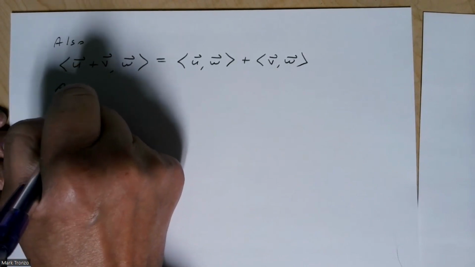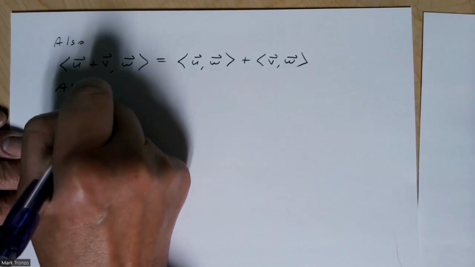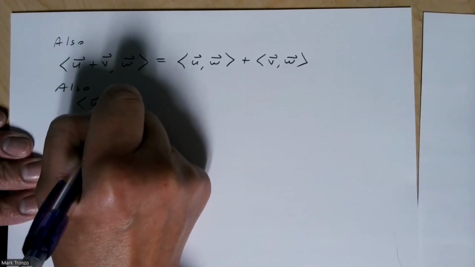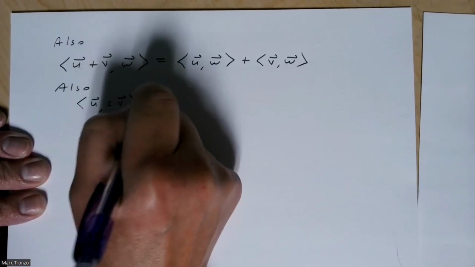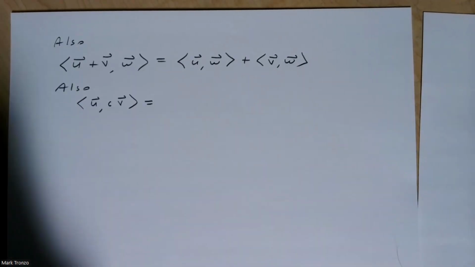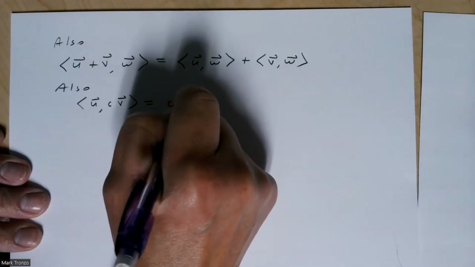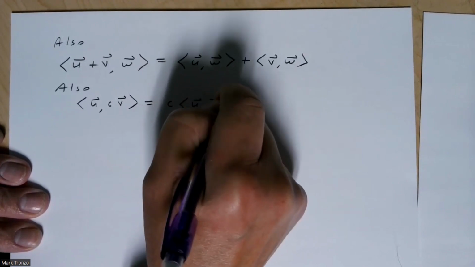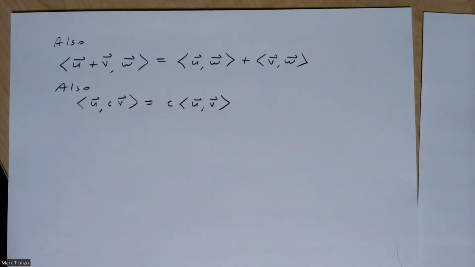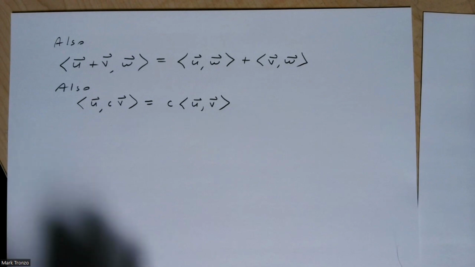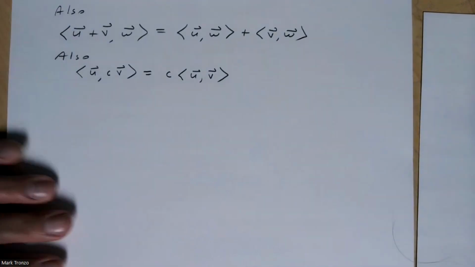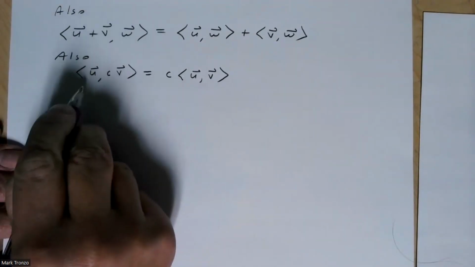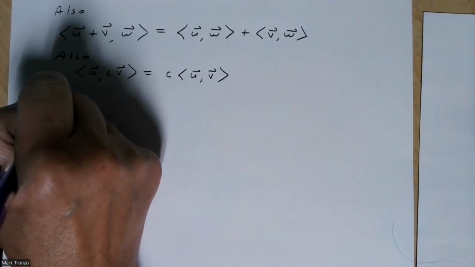Also, you have <U, CV> is equal to C<U, V>. Again, as long as we're working with real numbers; there are some other things if we have complex numbers. And from this, you can see some other things.